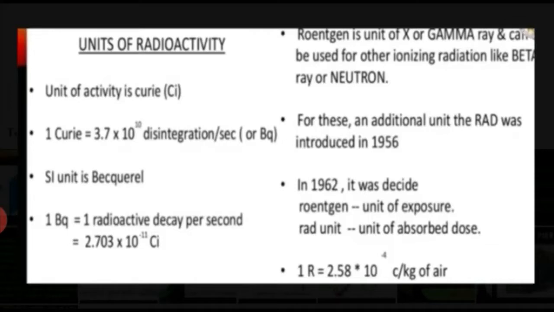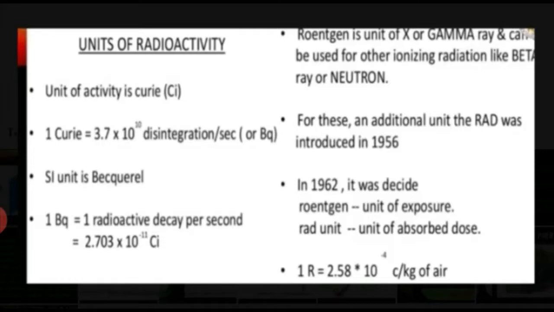Another unit of radioactivity, Roentgen, is a unit of X-ray or gamma ray and cannot be used for other ionizing radiation like beta ray or neutron. For these, an additional unit, the rad, was introduced in 1956.